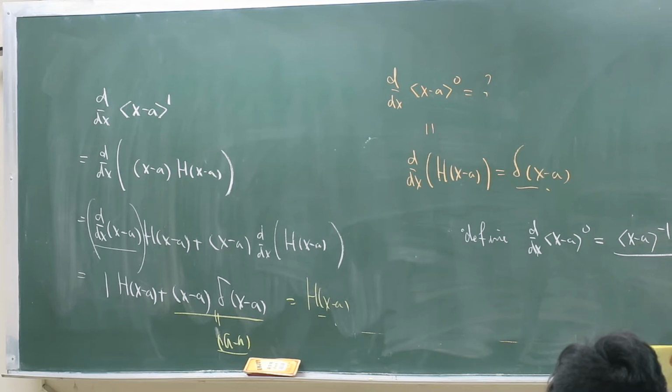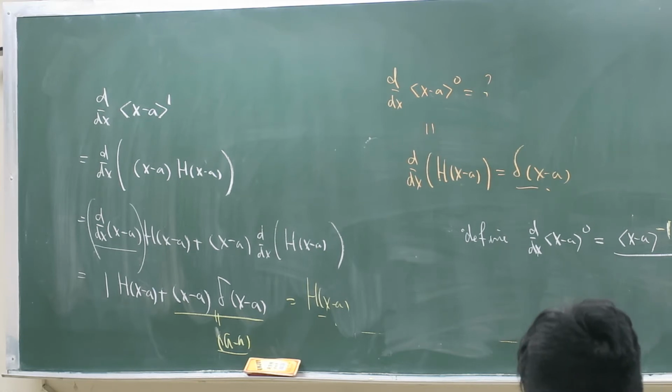Okay, it's very special. Minus 1 is equal to delta(x − a), which is equal to 0 for x larger than a and x smaller than a, and equal to infinity for x equal to a.